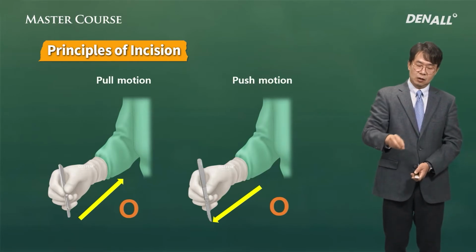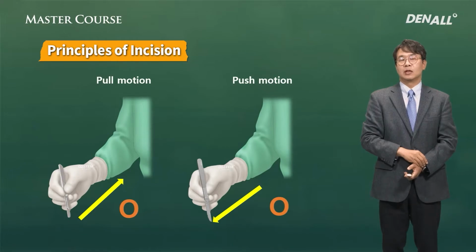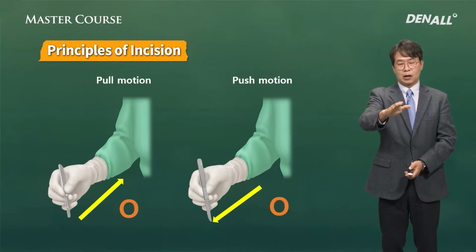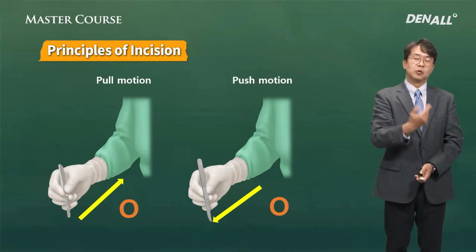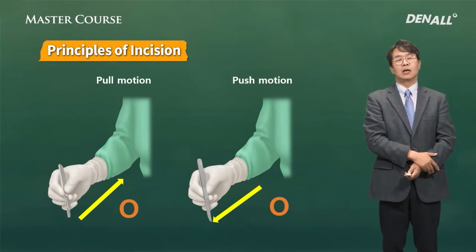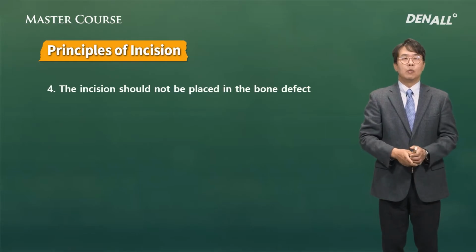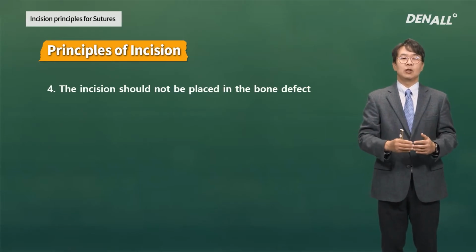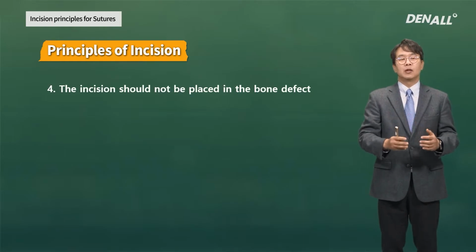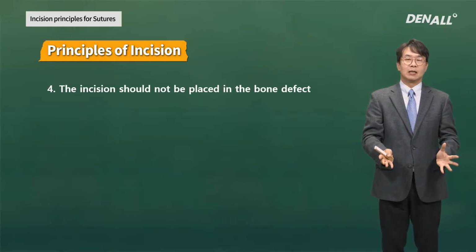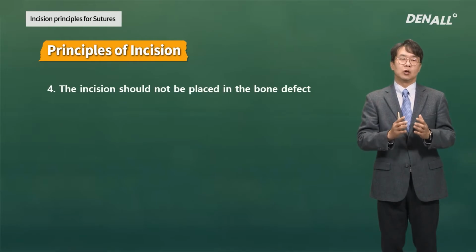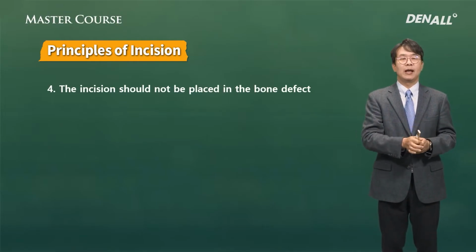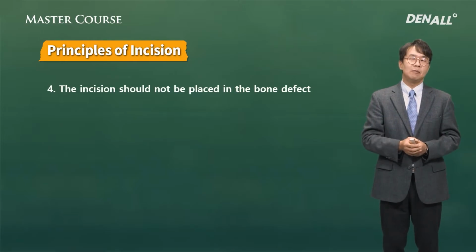So many clinicians use the pull motion, but you can change the blade direction to the opposite side to use push motion. The incision should not be placed in the bone defect. If the bone defect is not completely healed, the soft tissue is not healed as well. Therefore, tearing can occur to the soft tissue.